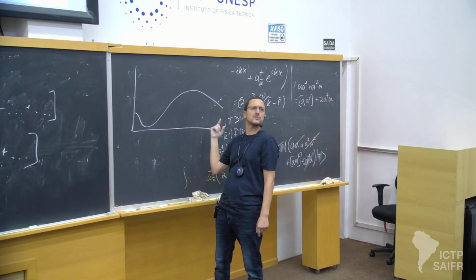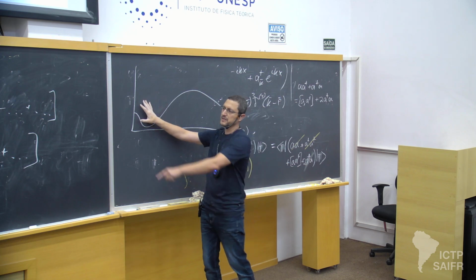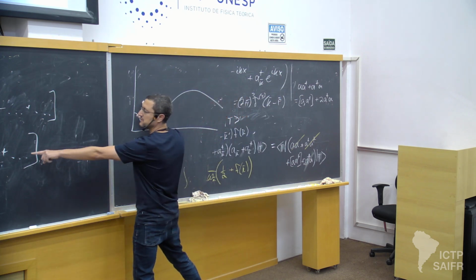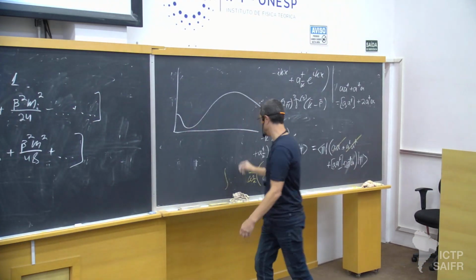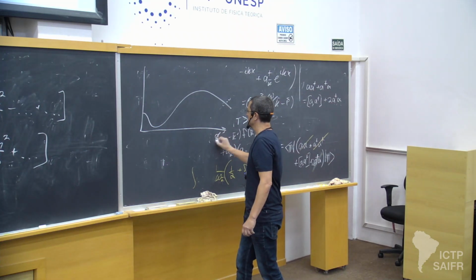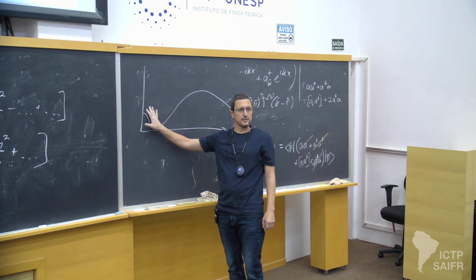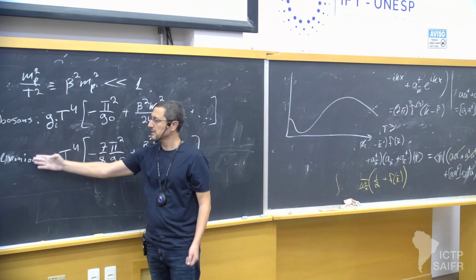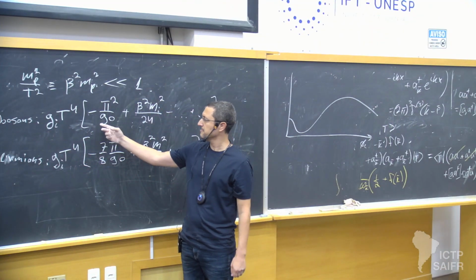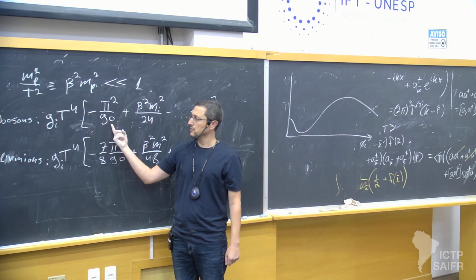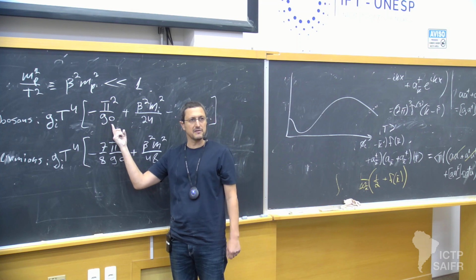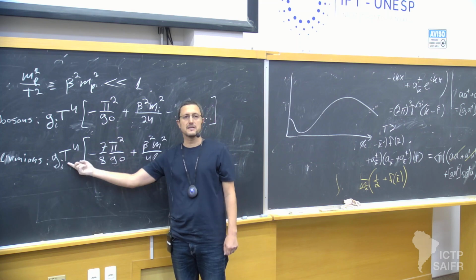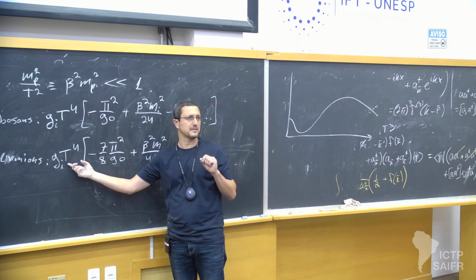The field phi is not so big. We're looking at the region where this expansion is valid, when m is small, so phi_c is not so big. What is happening is that, in both the boson case and the fermion case, V_T gives an extra negative constant that scales like T to the 4. That's the first thing that happens.